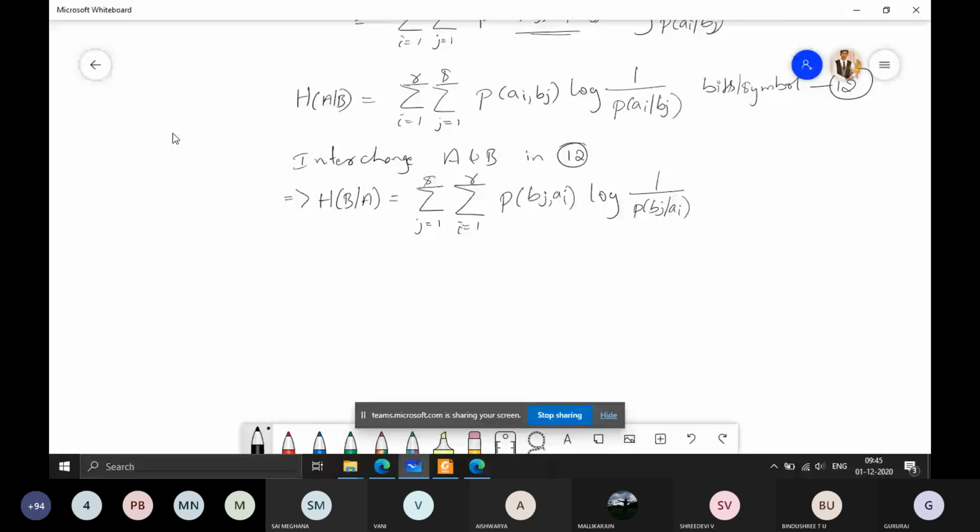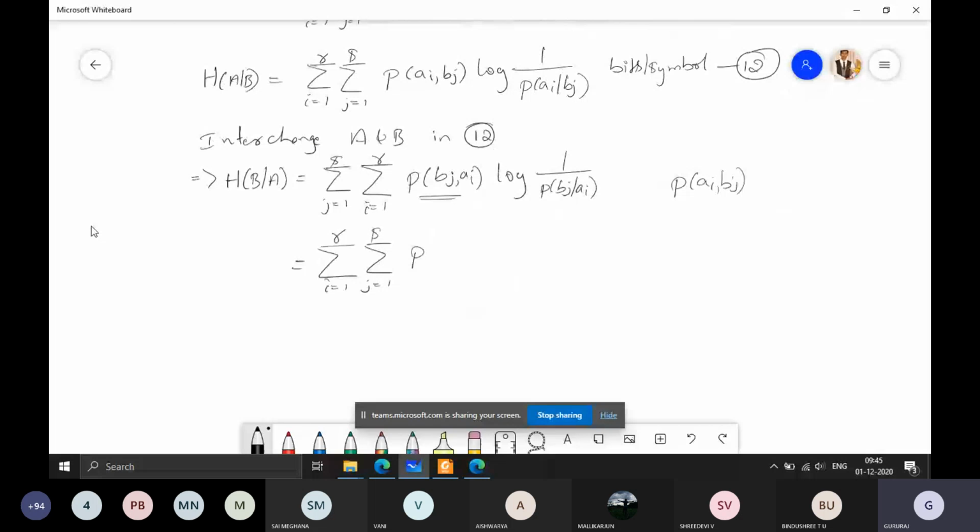So rearrange these summations again. So I'll write i is equal to 1 to r first, and then j is equal to 1 to s. Then this term p of bj comma ai. See, there is a relationship with the joint probability of ai with bj.